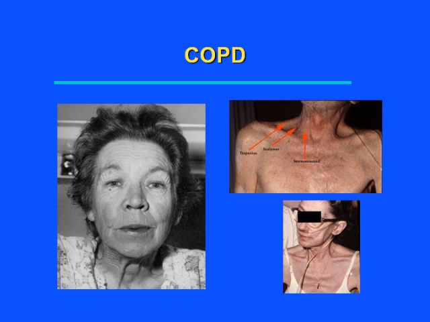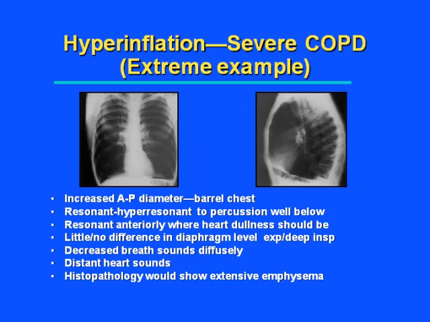You can see the accessory muscles of inspiration shown up in the upper right, and you can actually see these contracting, or you can palpate them with your fingers, and it's not normal for them to be contracting with quiet breathing. And the patient, again, in the lower right has a similar appearance.